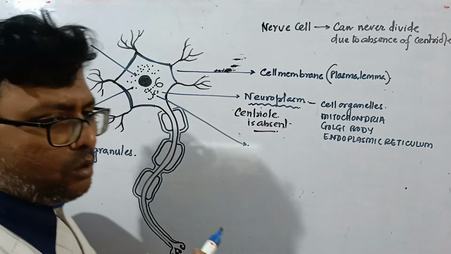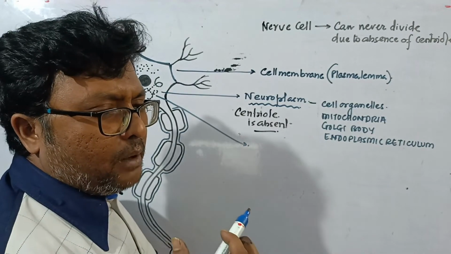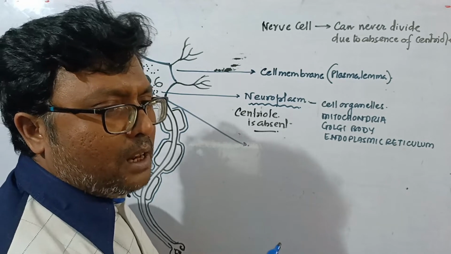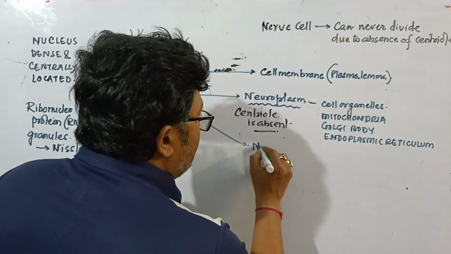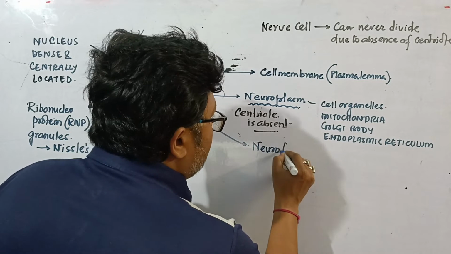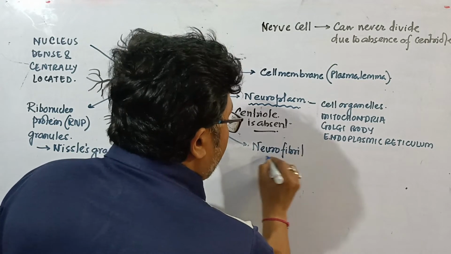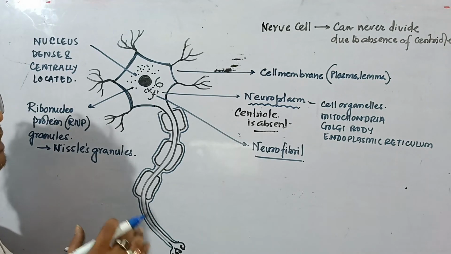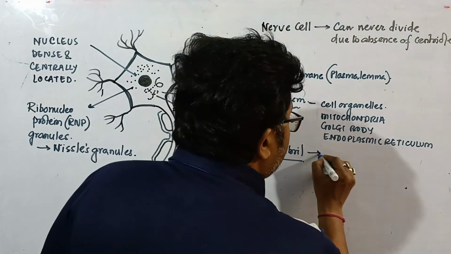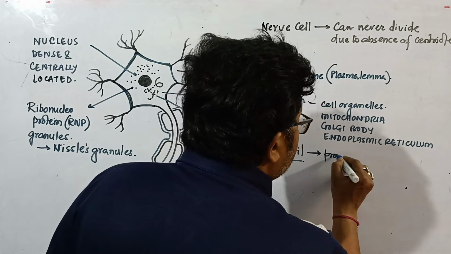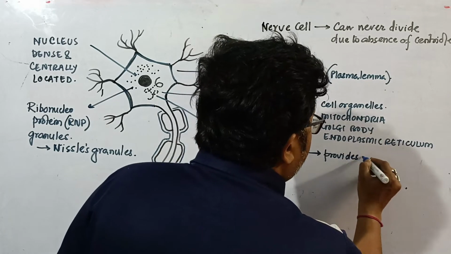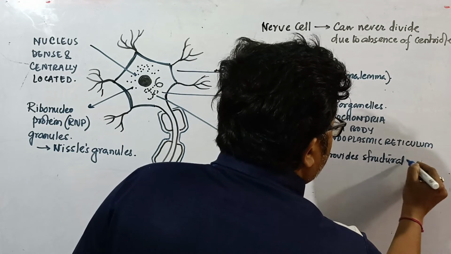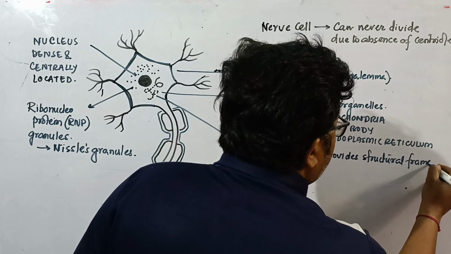Fiber-like structures are even found that provide a structural framework to the cell body. They are generally known as neurofibril. So what is the function of this neurofibril? The function of this neurofibril is that it provides a structural framework.